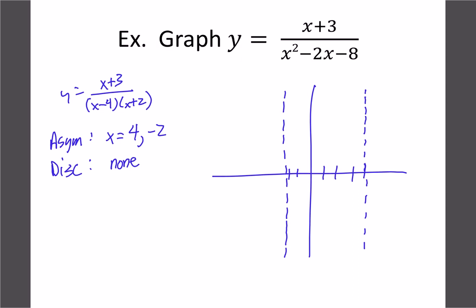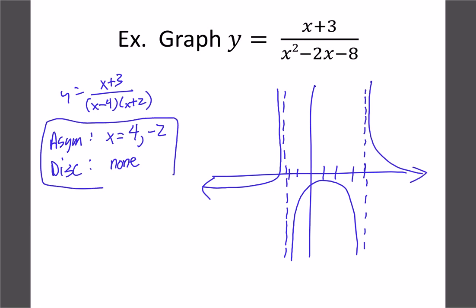We would end up getting our graph kind of looking something like this. And that's what our graph ends up looking like once we draw it. But once again, you just have to remember the key thing is your asymptote lines and the discontinuity. And that's all for this lesson.